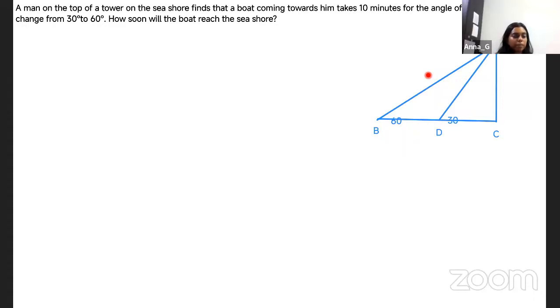Correct. No, you wrote the angle wrong. See, I told you before also, the angle which is near to the building will have a greater angle, no?